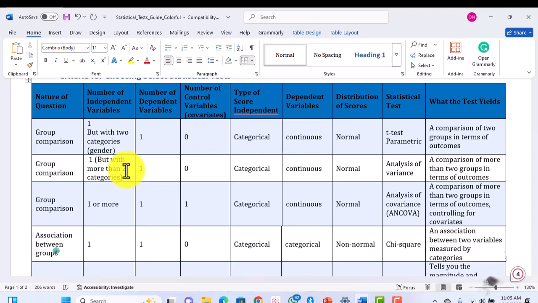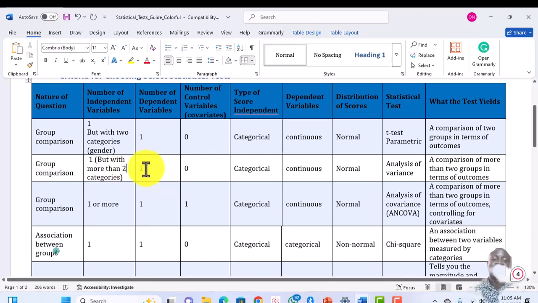So those sub-categories, when they exceed 2, and you still have 1 dependent variable, like let's say this is also achievement, and you want to check whether the type of ethnicity or whatever it is affecting the achievement of students.